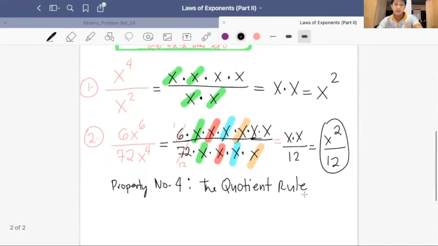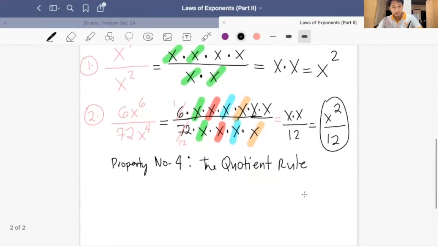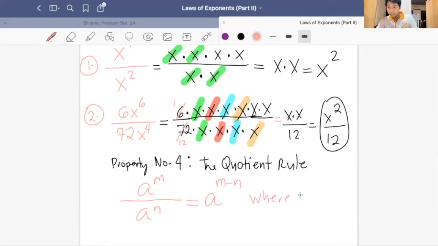So algebraically, we can write this as a to the m over a to the n is just equal to a raised to m minus n, where a is not equal to 0.